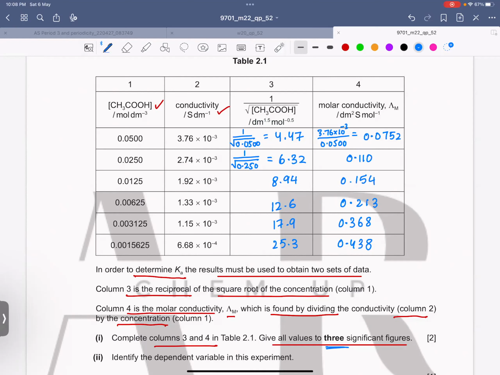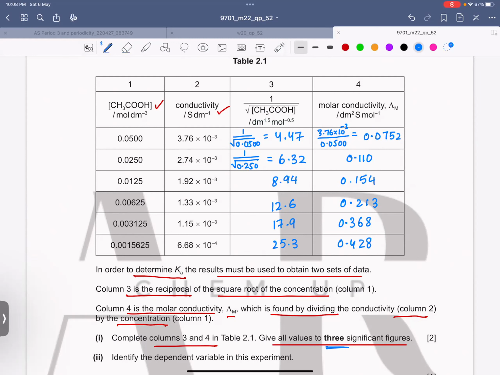It depends. For example, just check, is it 0.438? Just verify. If the fourth digit is below 5, we just take these 3 digits only.